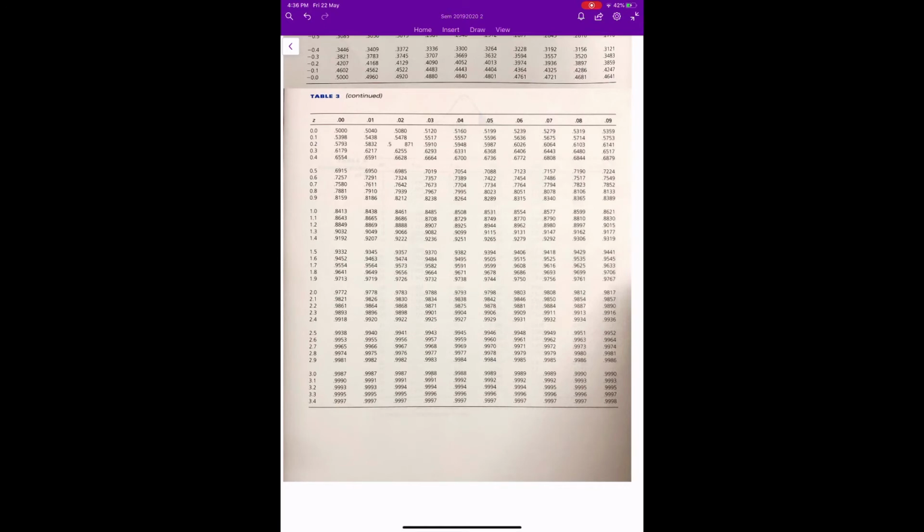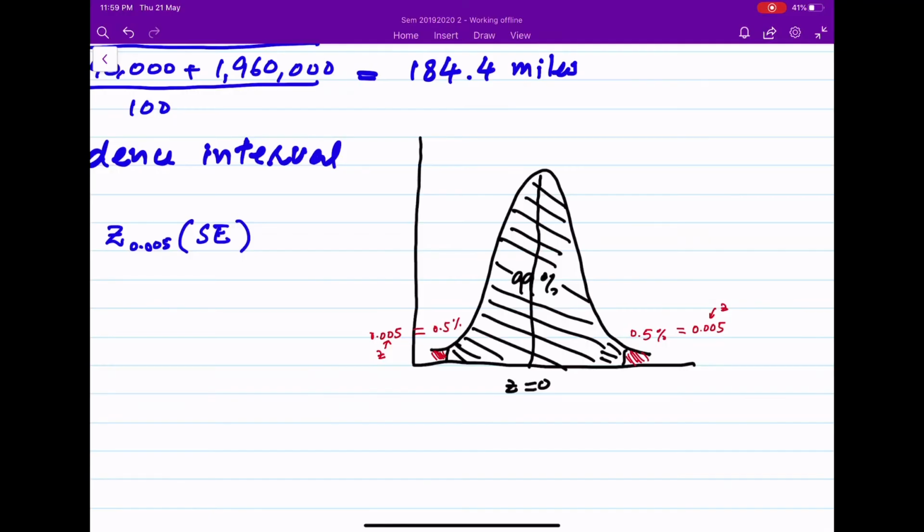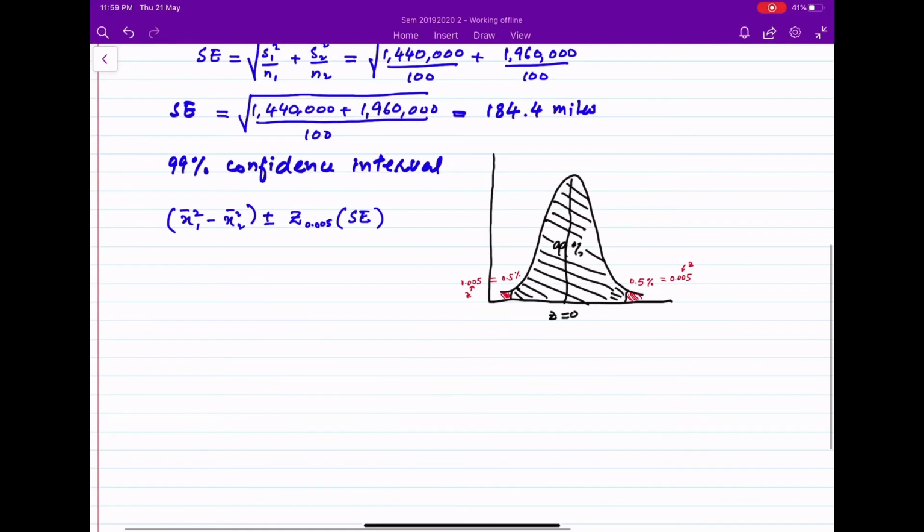It is 0.9951. Okay, so we can take this value 0.9951, which is also 2.58. Fine, so plus 2.58 and minus 2.58 are the values of plus and minus z 0.005.